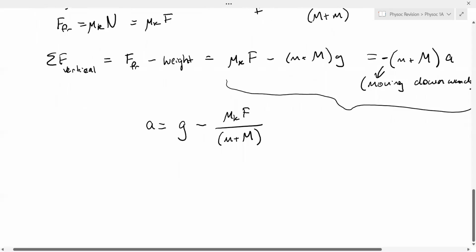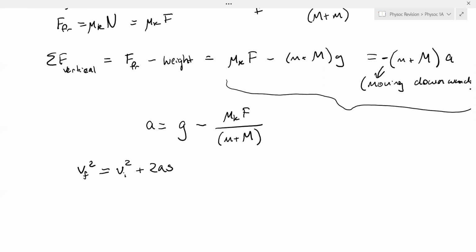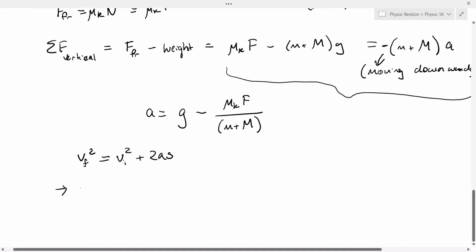This is a very long question. So once again, our kinematic equation using velocity and distance says our final velocity squared is equal to our initial velocity squared plus 2as. We just found our acceleration. We want to figure out the point where it stops moving again and how far it slips after collision.